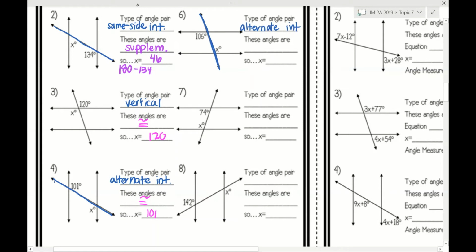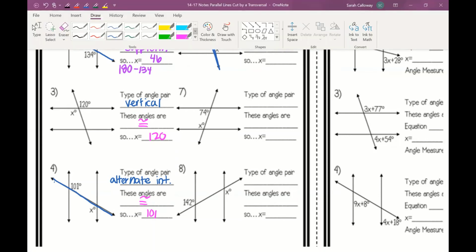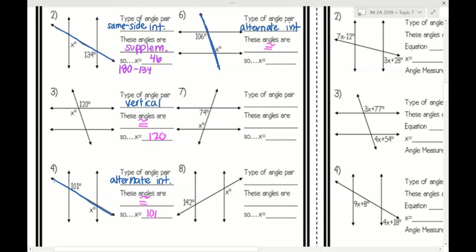So two alternate interior angles are always congruent angles, which means that if this angle is 106, x is also 106.